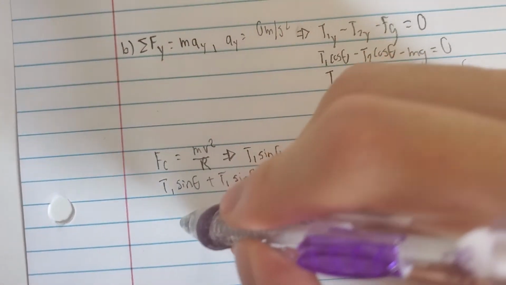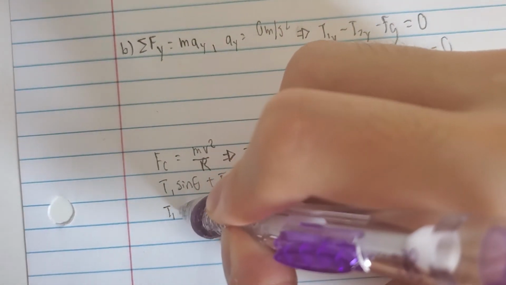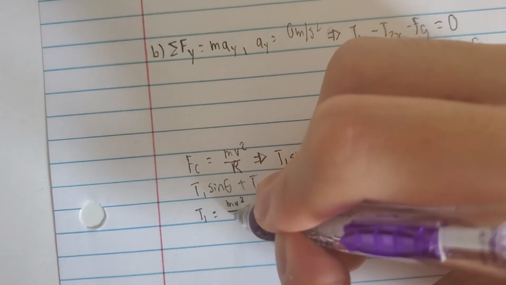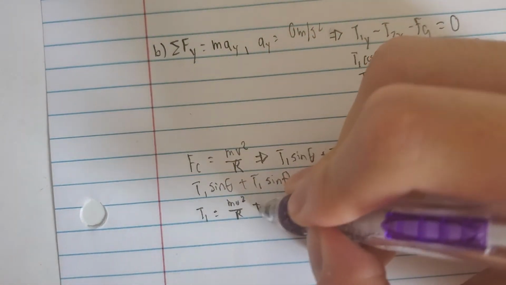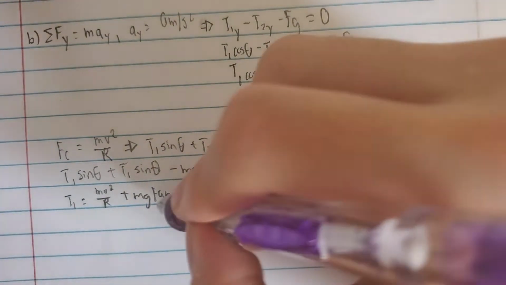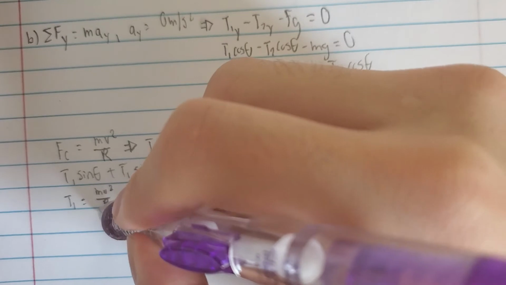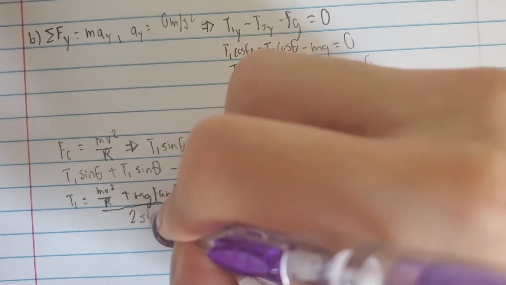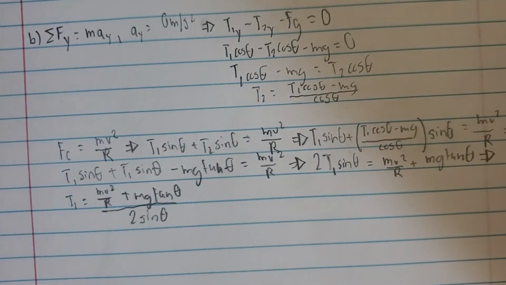So essentially my T1 is going to be equal to mv squared over r plus mg tan theta, divided by 2 sine of theta. Alright, now I have to plug in all my numbers.